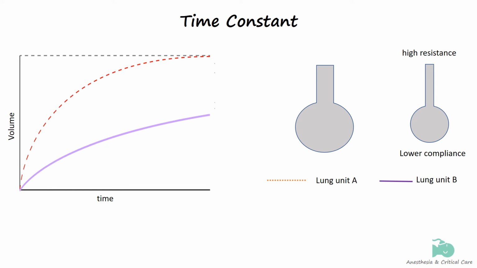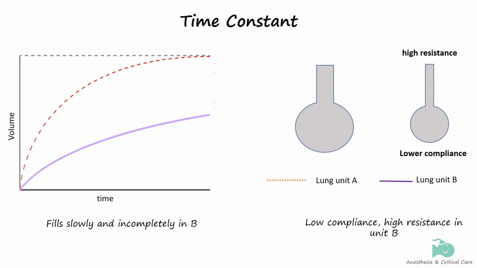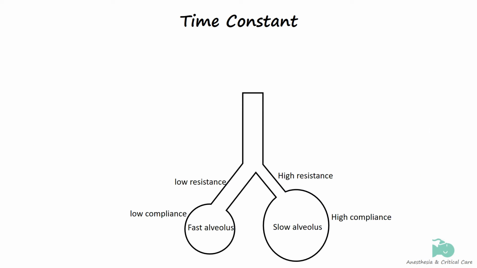And here, lung unit B has both lower compliance and higher resistance. So it takes longer time to fill and also fills incompletely. Basically, the implication of all these diagrams is that lung units with different time constants will fill at different rates and potentially also up to different final volumes.